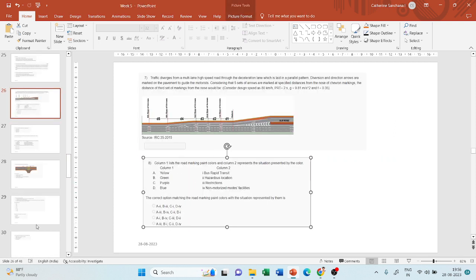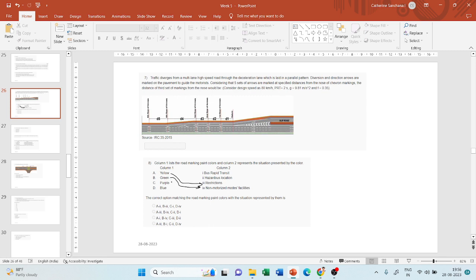They've asked you to match, right? We already saw this. Yellow marks for restrictions. Green marks for non-motorized transport. Purple is hazardous location. And blue, I told you, is transport, bus rapid transit.